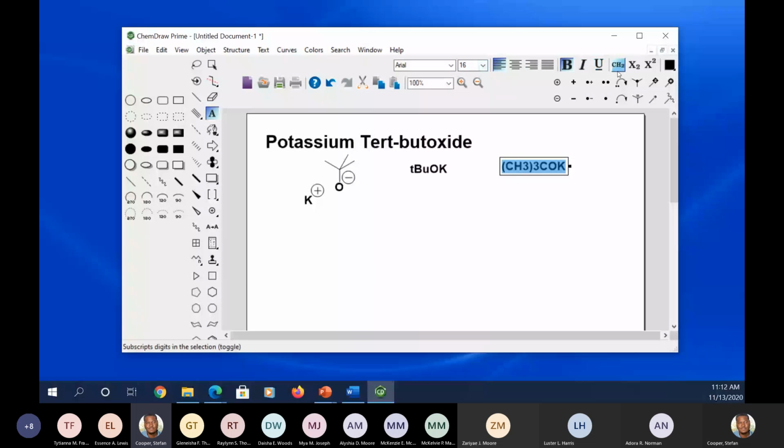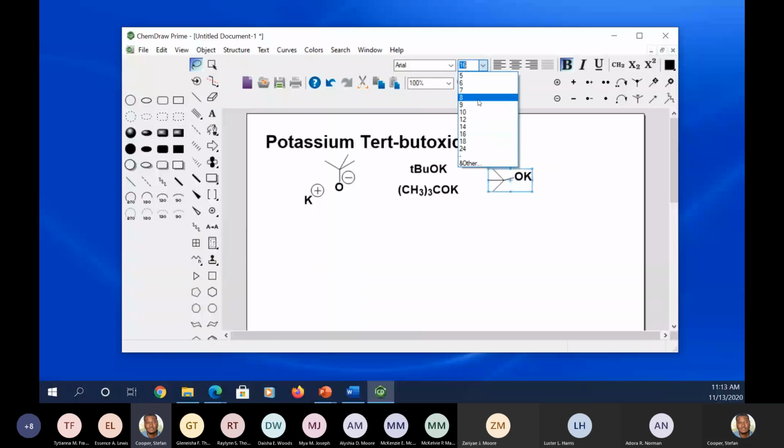And probably another common version to see is just the straight line angle structure form of it. I will have a tert-butyl group here. I will have my oxygen there. Instead of having an H on the opposite side, I will put a potassium here. So these are the common ways of showing potassium tert-butoxide.